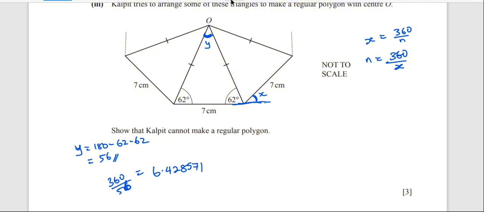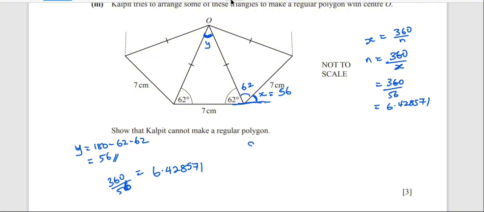You can also try it out here. Find the angle here. X here is also going to be 62. If here is 62 and 62, here is going to be 56. So if you do 360 over 56, you also get 6.428571.